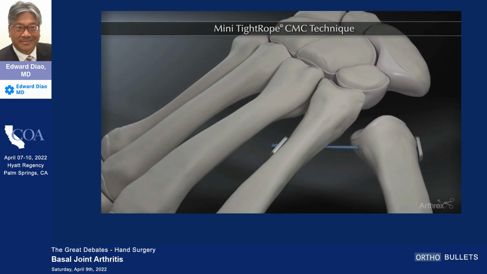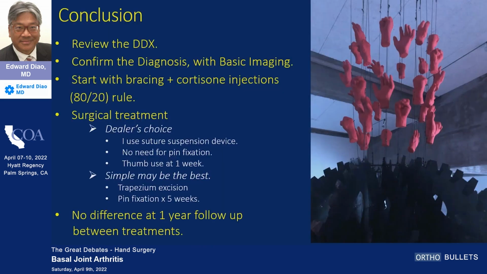So this takes me about an hour's time, and I have a few conclusions to share with you. First of all, make sure of the diagnosis, because you don't have to have just basal joint arthritis. You can have any of those other conditions concomitant. And then you have to prioritize as the doctor with the patient which of these conditions is the one that's the most troublesome.